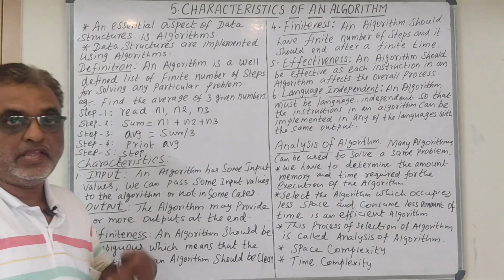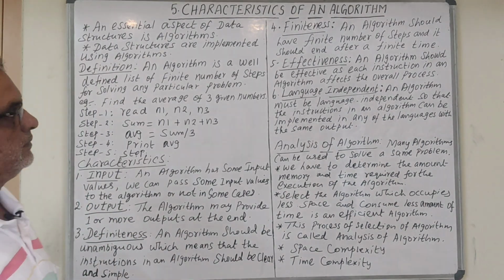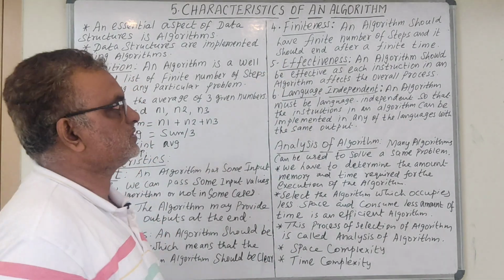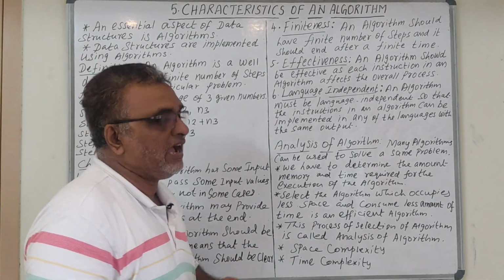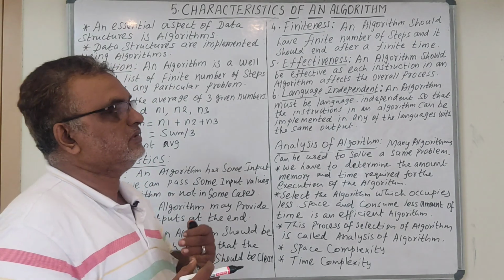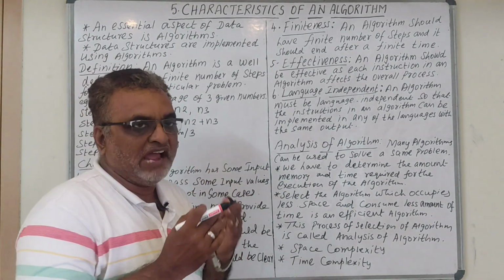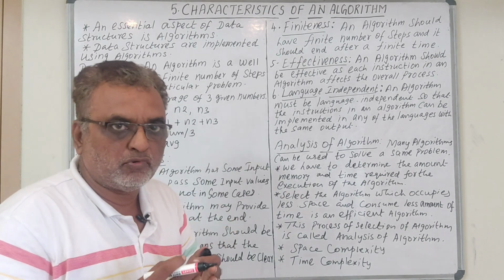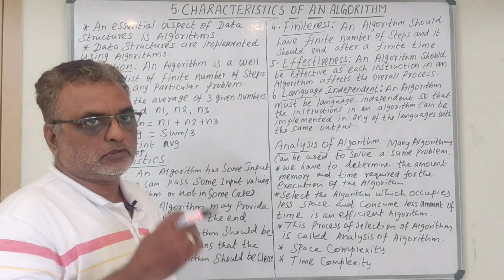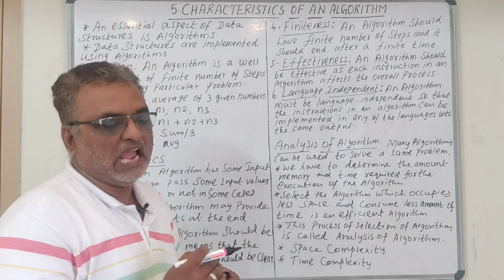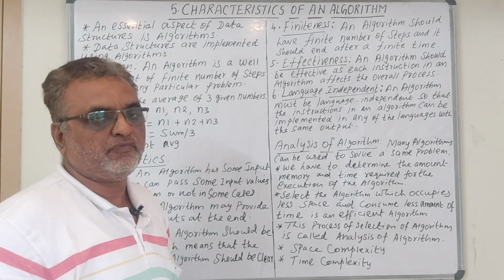It should not convey multiple meanings. The fourth characteristic is finiteness. An algorithm should have a finite number of statements or steps, and it should end after a finite amount of time. So time is very important, and it should be terminated after some amount of time.